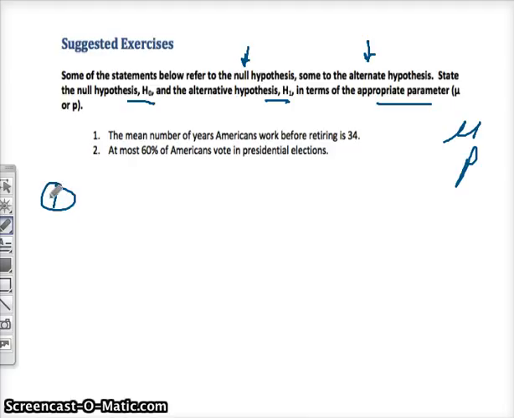The mean number of years Americans work before retiring is 34. All right, it sounds like a simple claim. So the null hypothesis is that you're saying the average years of people before they retire is 34 years. That's a long time to be working, right?